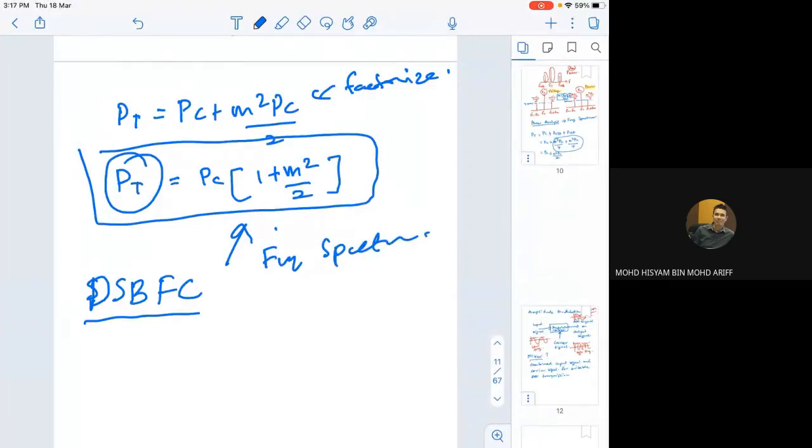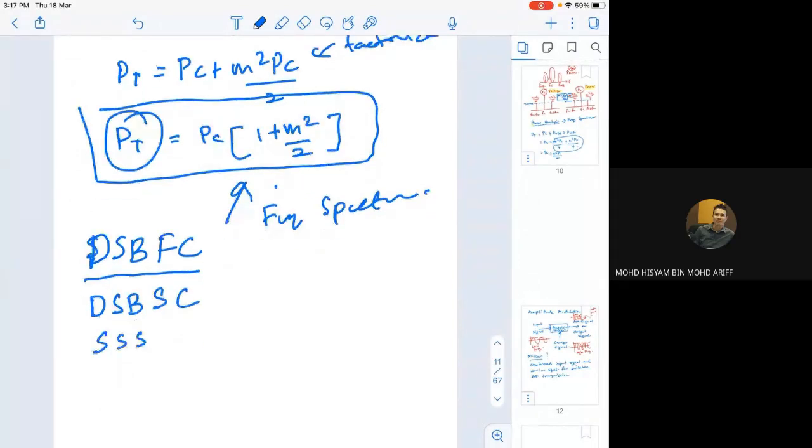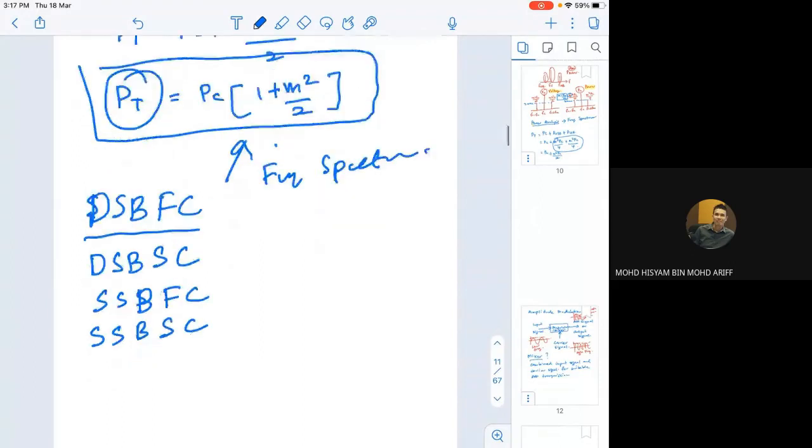You will learn double sideband full carrier, double sideband suppressed carrier, single sideband full carrier, single sideband suppressed carrier, and then single sideband.